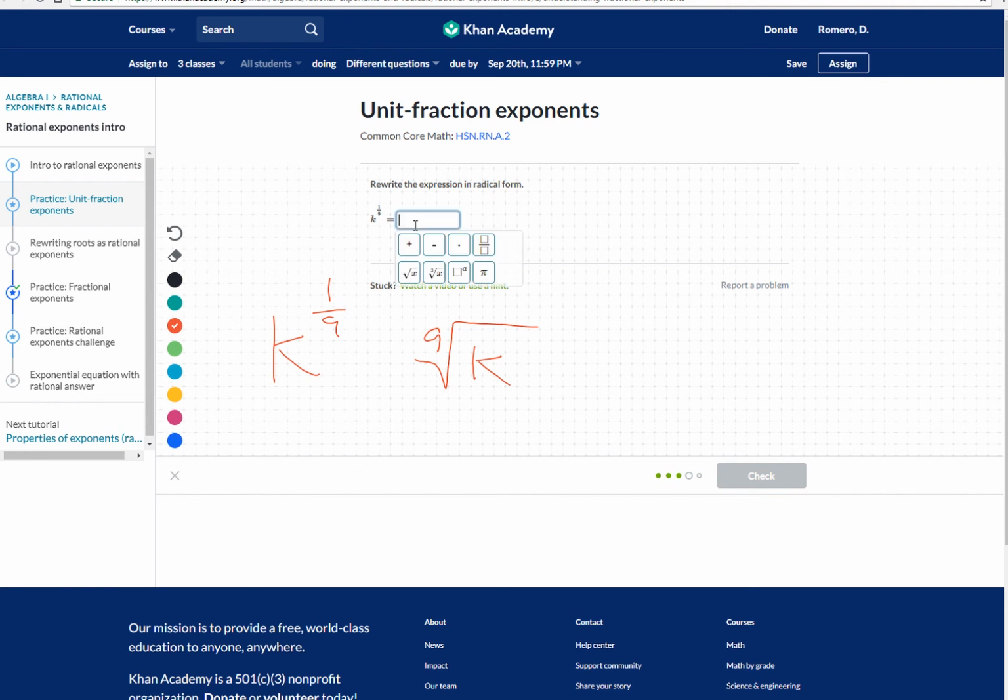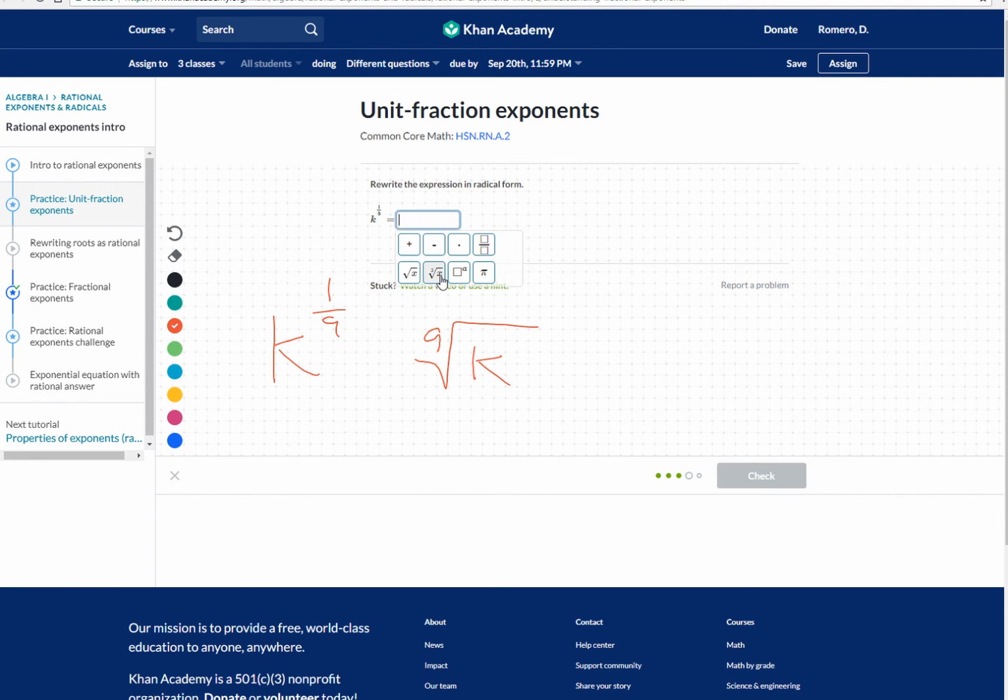How would I put in a 9th root? Well, first I would hit the 9, and if we know how to use the calculator... Actually, no, they don't have it. The bottom left. You take the one with the 3. But that looks like a cube root. But you have to change it. Oh, yeah, okay, good. That's actually a good point.